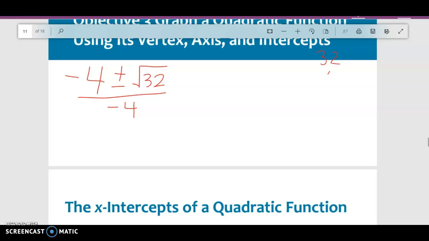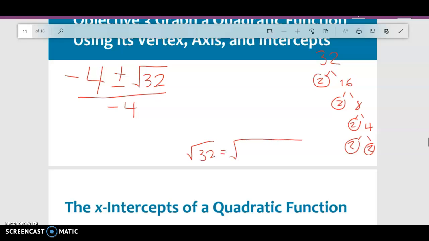We can review this quickly. Using my prime numbers, I'm dividing 32 by 2. 2 is prime, so I'm circling it. Divided by 2 is 4, divided by 2 is 2. Okay, so again, we've done this before. So the square root of 32 is equal to the square root of, I got 5 2's here.